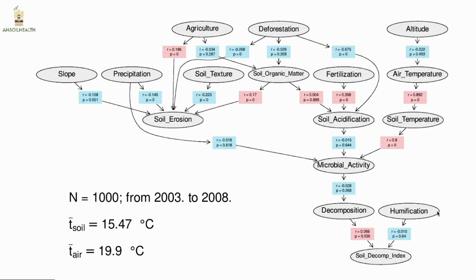And we made a new simulation where the sample size is 1,000 for each step, and you can see the period, the years incorporated in this data we have analyzed, and below the average temperature in this period.